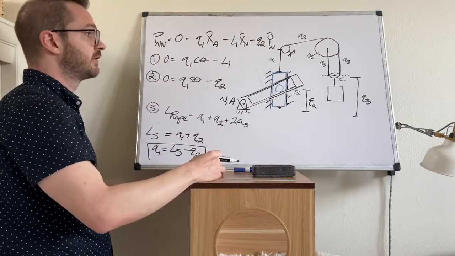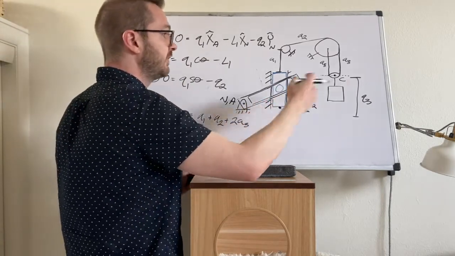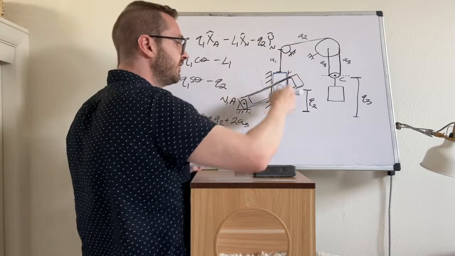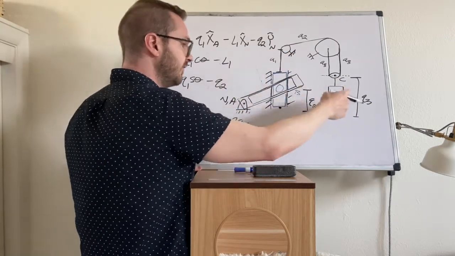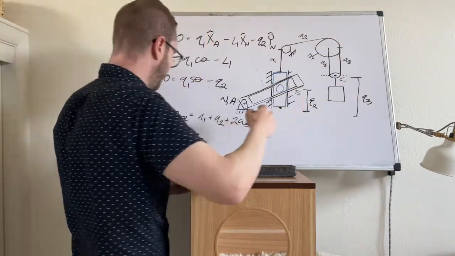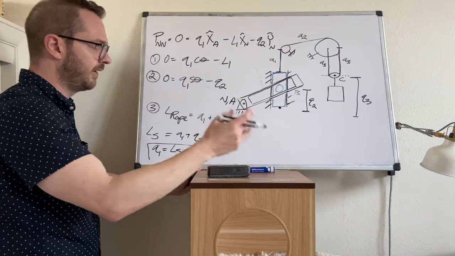We're going to do the same thing on Q3. Notice, in fact, again, I set the problem up this way on purpose to make it easy. This vertical distance is the same thing as this vertical distance between these points. So we called that L3.